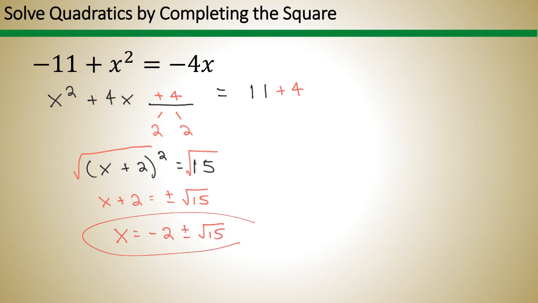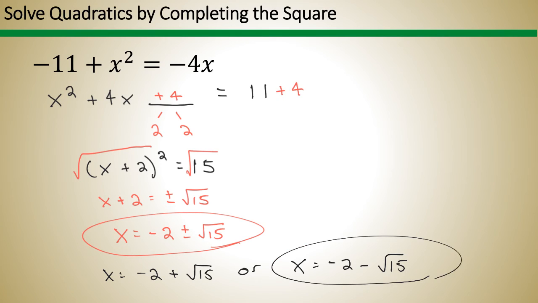Okay, so I have two solutions here. I have x is equal to either negative 2 plus root 15 or x is equal to negative 2 minus root 15. So those are the two solutions. And I could write it either way. I could write it like this, or I could write it like this.